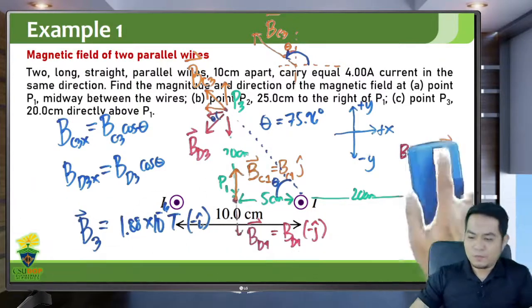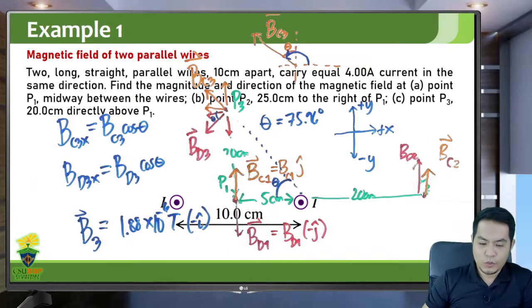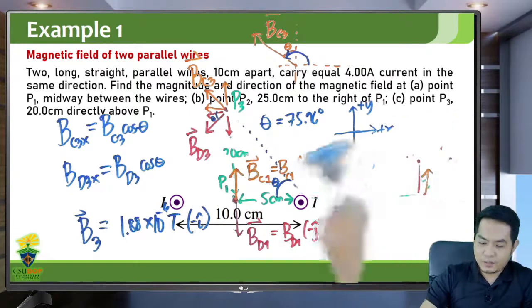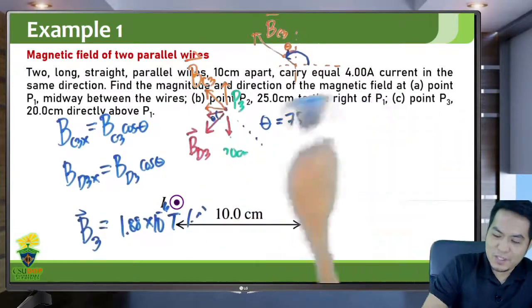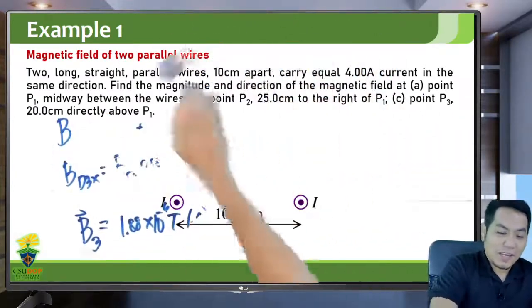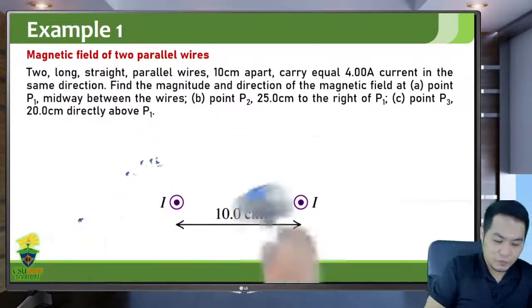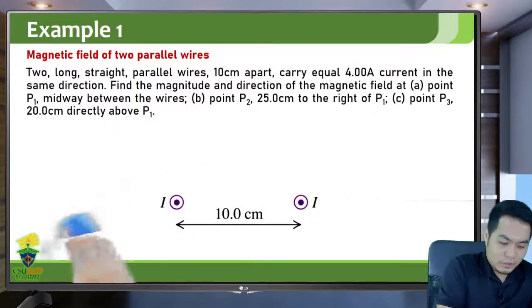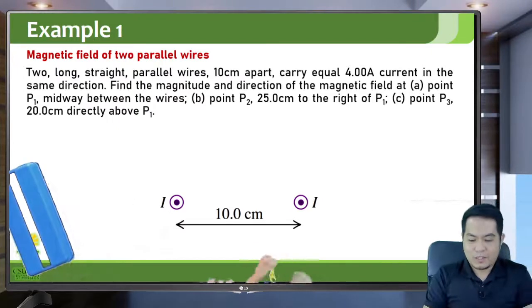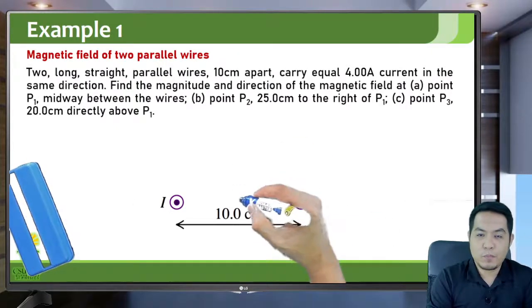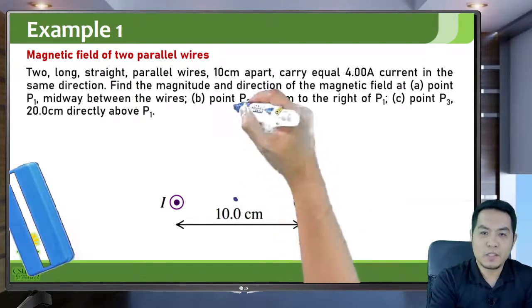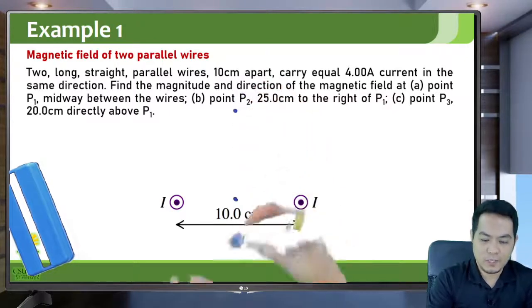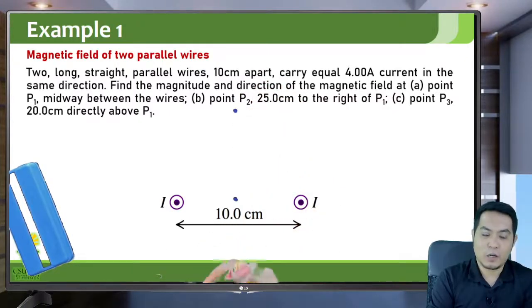Now if you try to look at the pattern, I'm just going to erase this because our board is now very messy. What is now the pattern that you see? At point P1, the magnetic field here is 0. This is point P3. The magnetic field there is actually to the left.